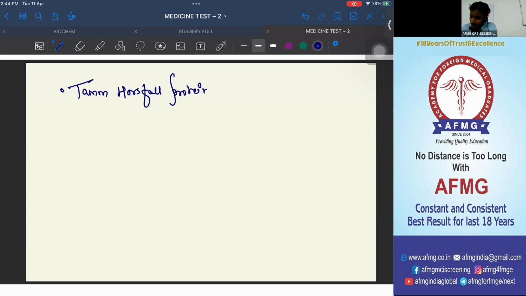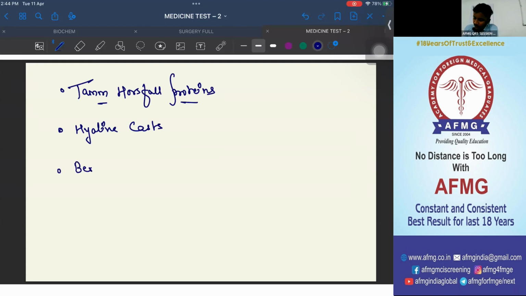These are called Tamm-Horsfall proteins. Please remember, these Tamm-Horsfall proteins are a normal finding in urine microscopic examination of any person. Next, hyaline casts are also a normal finding in examination.